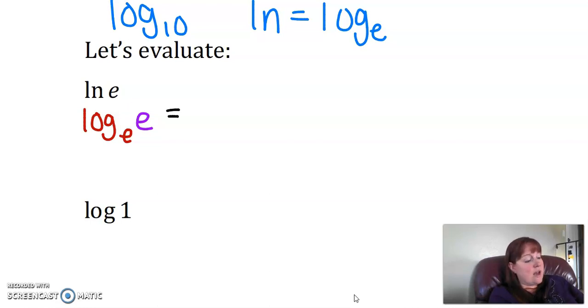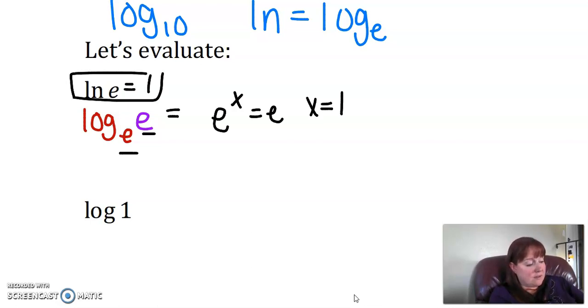So what exponent do I need on the base to get the argument? So e to the what equals e? Well, that's 1. So ln of e is 1. This is something you should probably have memorized. If you don't, you can figure it out pretty quickly. But ln of e is 1.